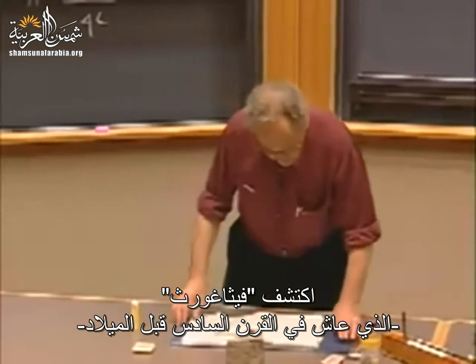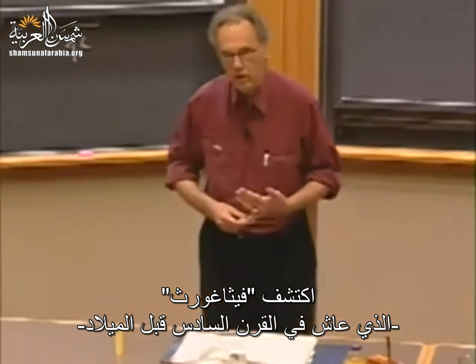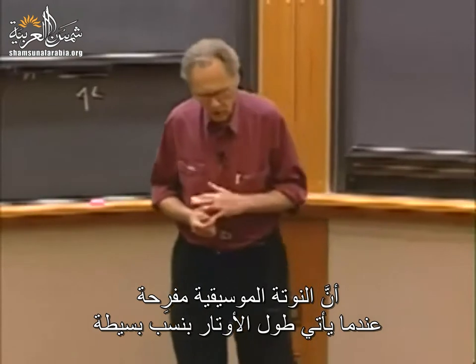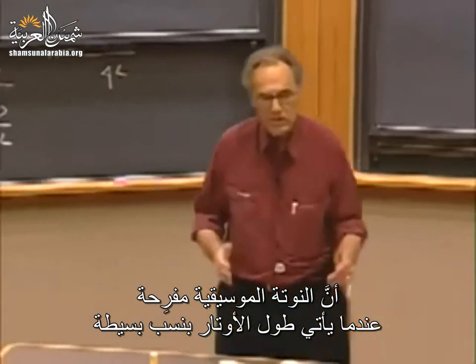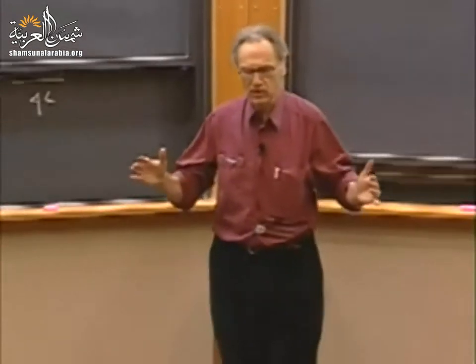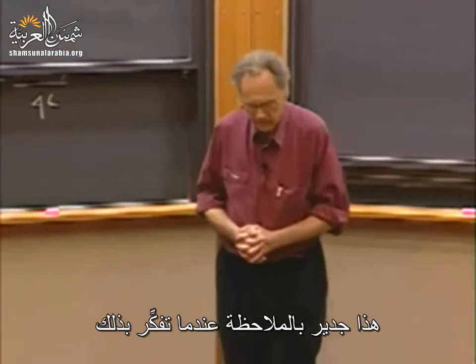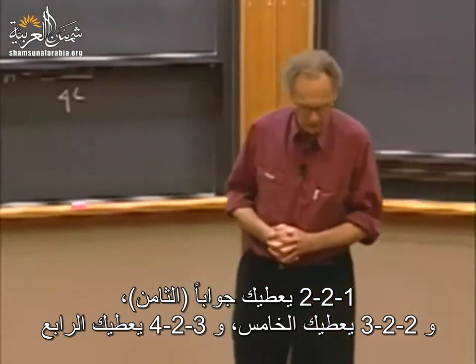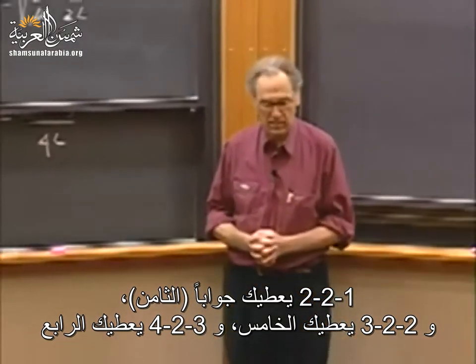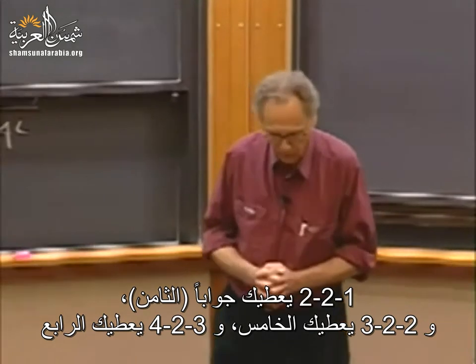Pythagoras, who lived in the 6th century BC, discovered that musical notes are very pleasing when the lengths of the strings come in simple ratios, which is quite remarkable when you think of that. 2 to 1 gives you an octave, 3 to 2 gives you a fifth, and 4 to 3 gives you a fourth.